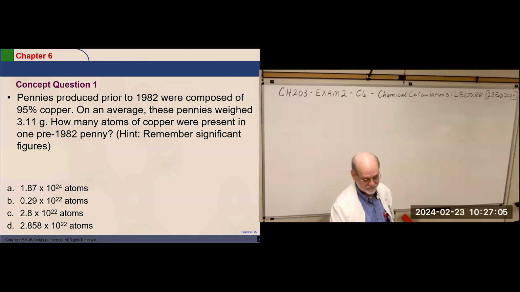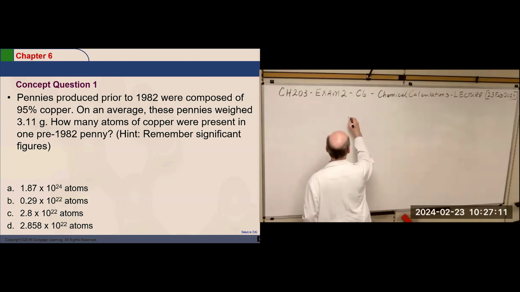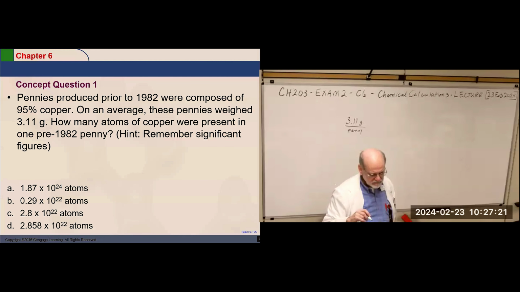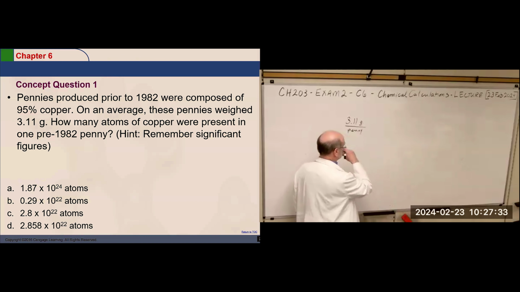about the same time. Okay, on average, these pennies weigh 3.11 grams. So 3.11 grams per penny. Okay, we're working with 95% copper. How many atoms of copper were present in one pre-1982 penny? All right.